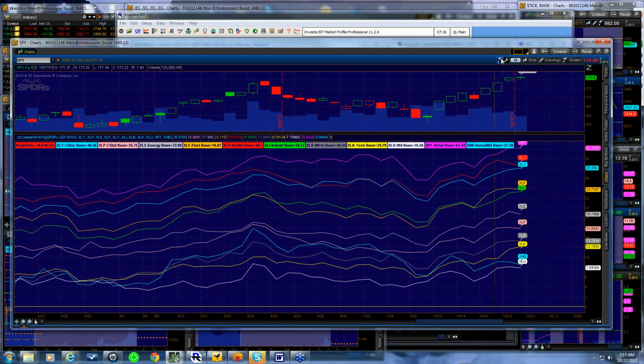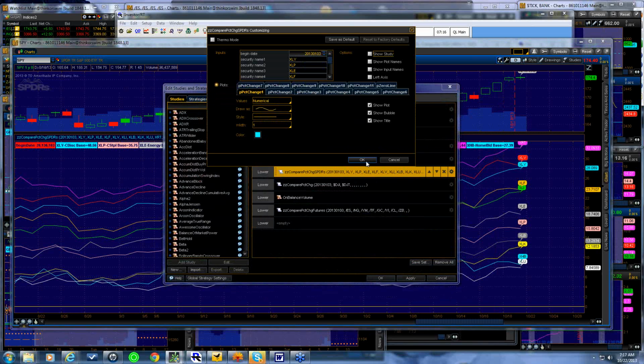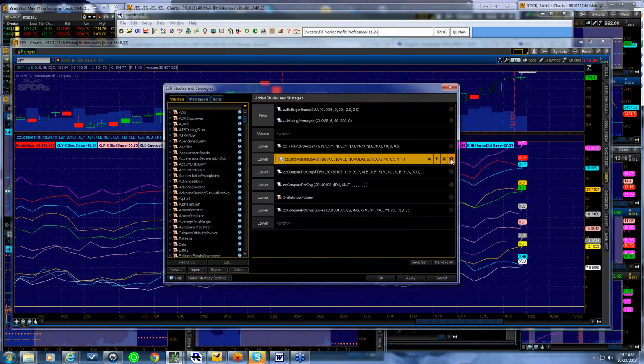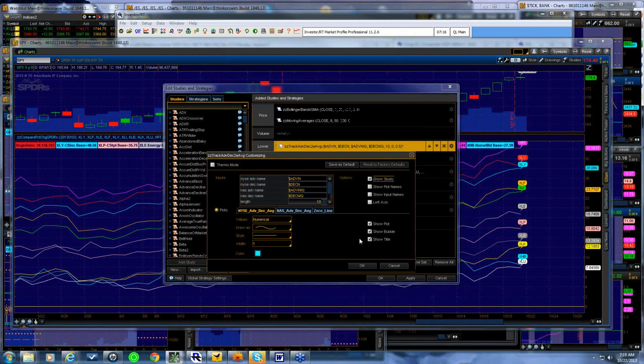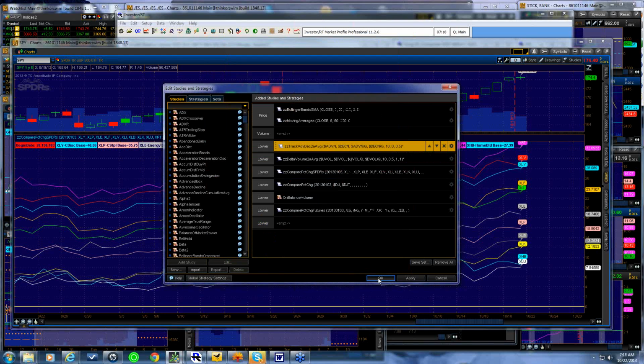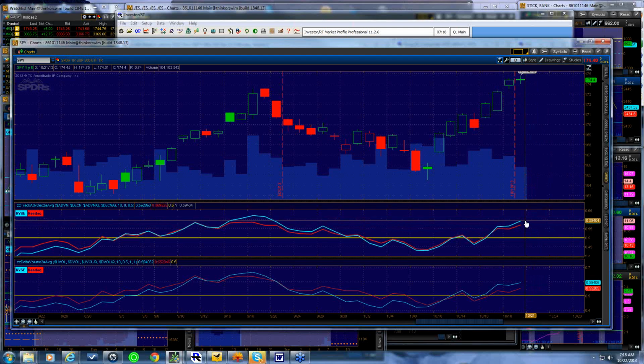Now let's take a look at advanced declines and up-down volume. Okay, so we're looking at advanced declines, and they are still increasing with price, but as we can see again, the high here is the lower high in advanced declines, and these again are on a 10-day average basis.